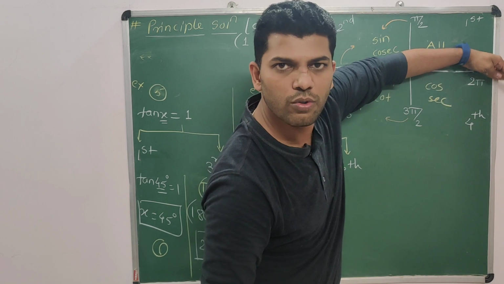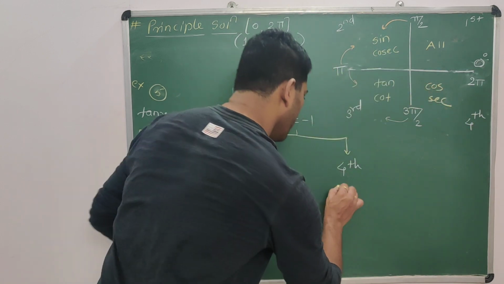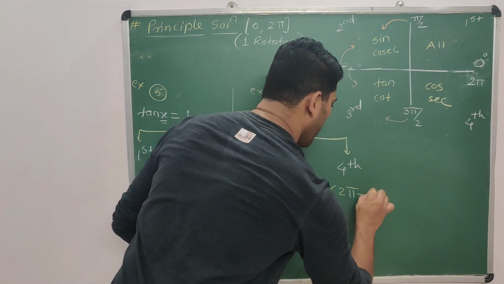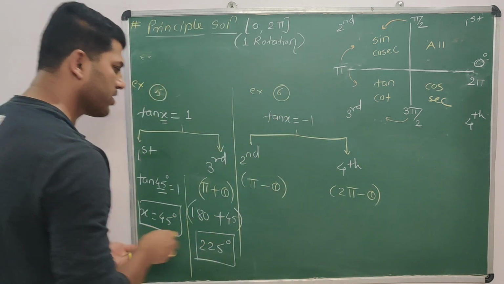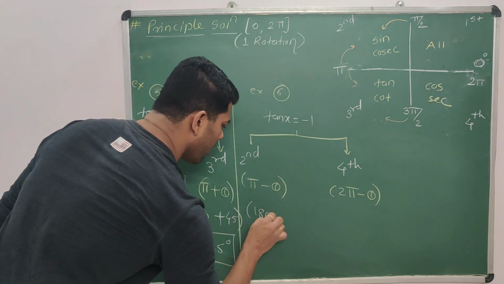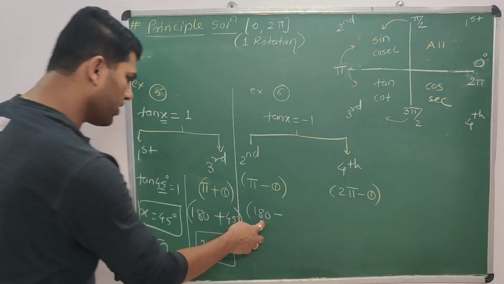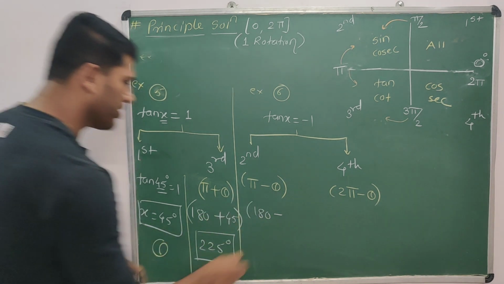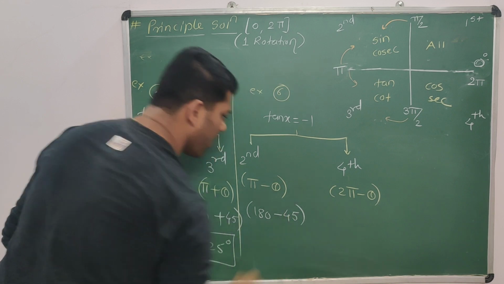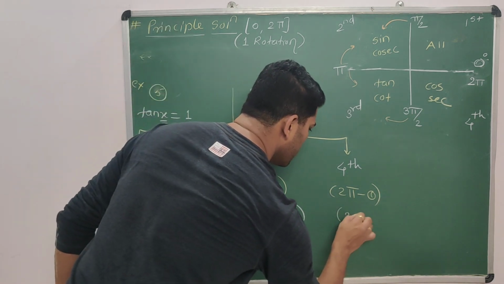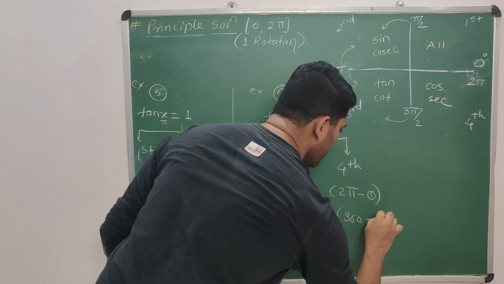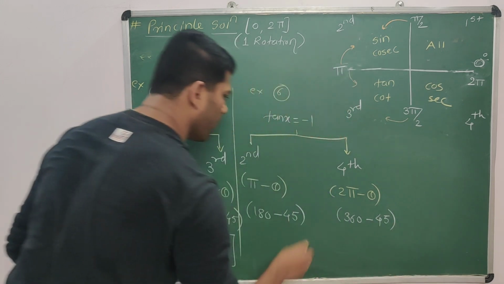Understand this: 2 pi minus theta. And friend, what is theta? Theta is this fundamental angle from the first quadrant. So pi means 180 and theta is this 45 degree. Right? 2 pi means 360 degree and this fundamental angle theta is 45 degree.